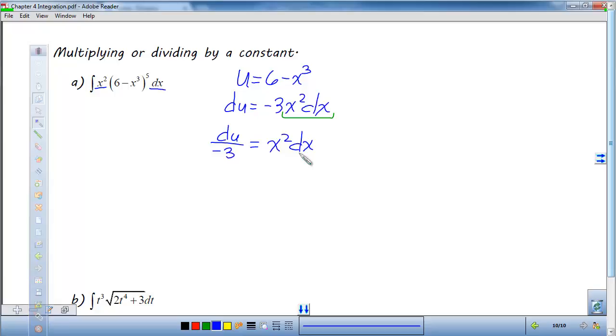When I come back over here, I'm still going to just substitute the way we did before. For 6 minus x cubed to the 5th, I'm going to say u to the 5th. And then for x squared dx, I'm going to say du over negative 3.